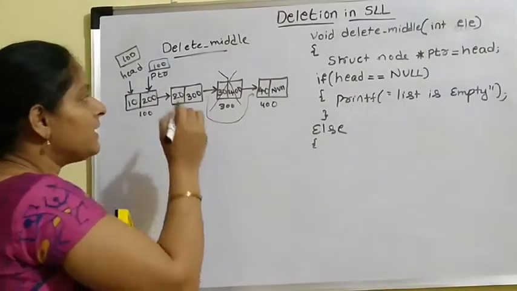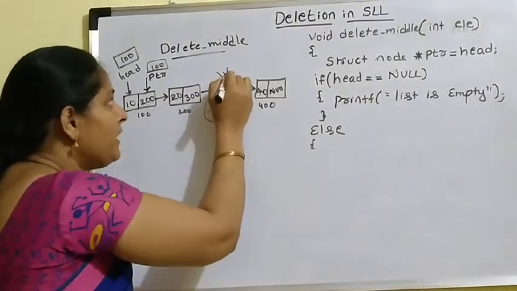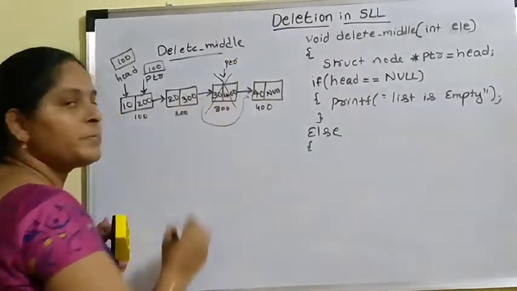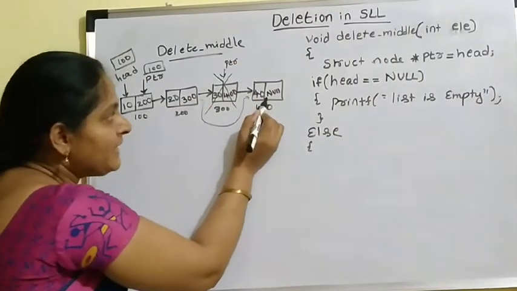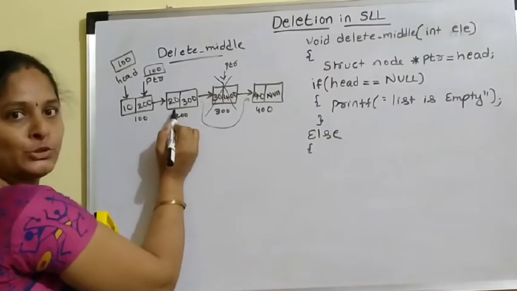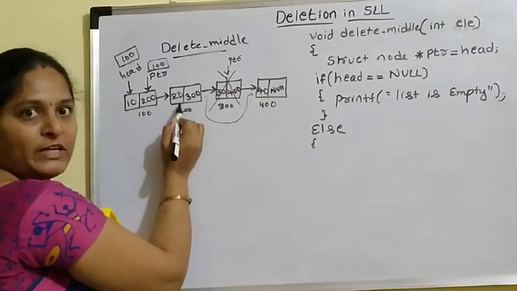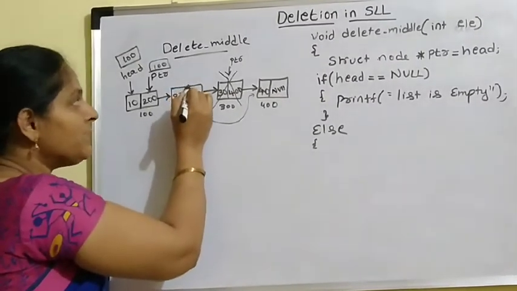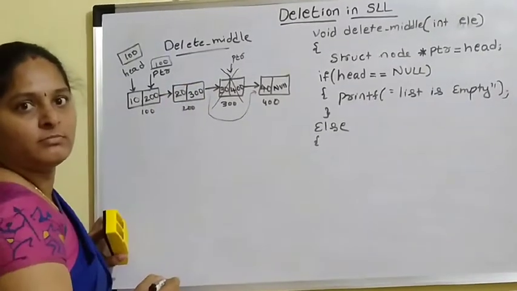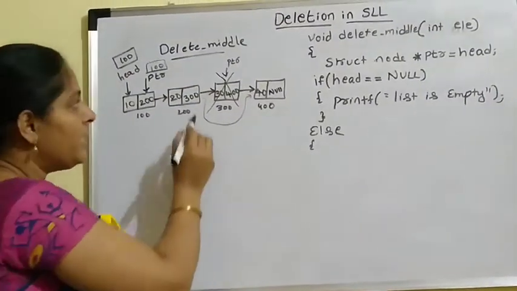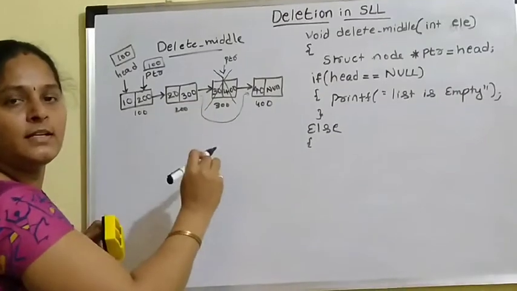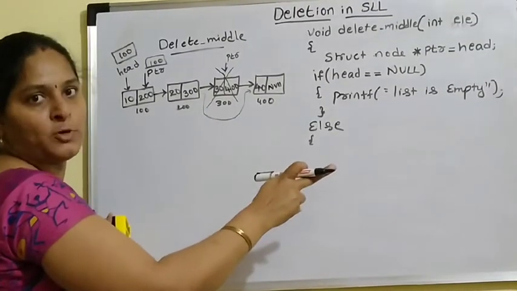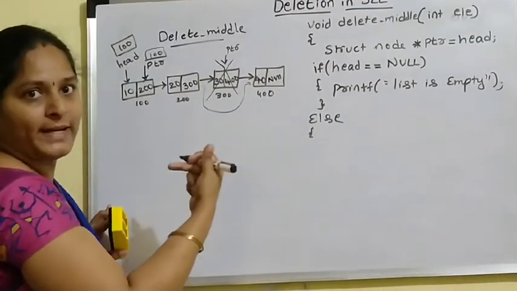So if PTR is here and you want to connect the PTR next node with the 20 node, there should definitely be some pointer pointing to the 20 node, because it is a single linked list. In a single linked list, only one-way communication is possible. We cannot traverse back.